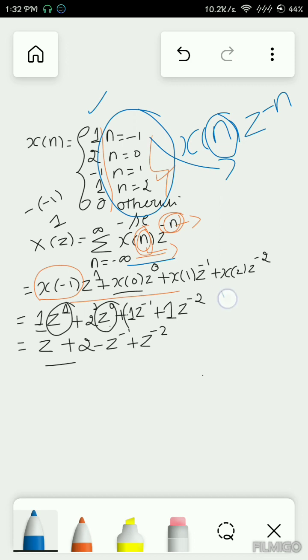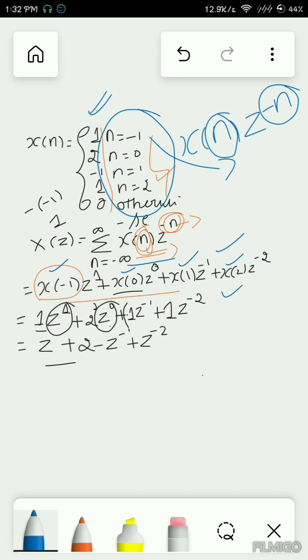So that is why I got it like this. I substituted each and every value of n for the n associated with x, as well as the z to the power of minus n. I substituted all the values of n and got this resultant, and I got to know that x of minus 1, x of 0, x of 1 and x of 2 hold some values that are given here.